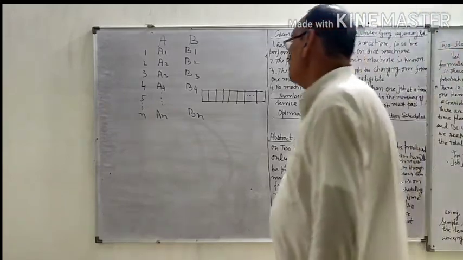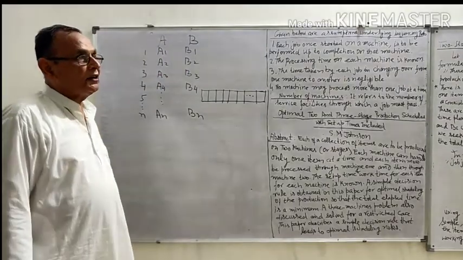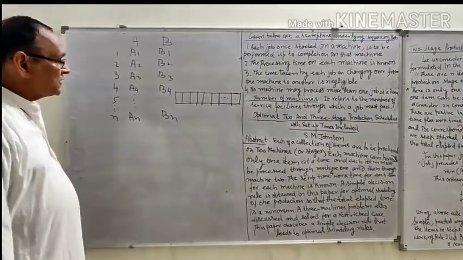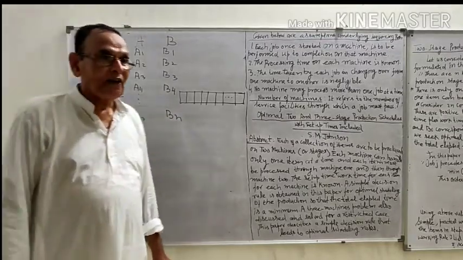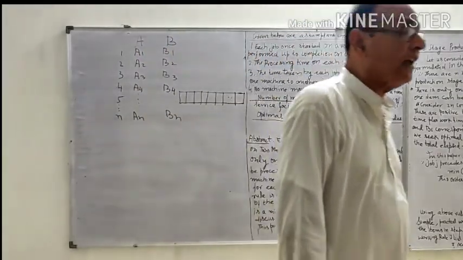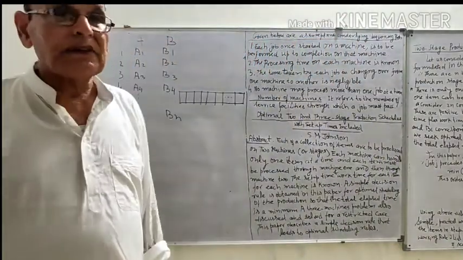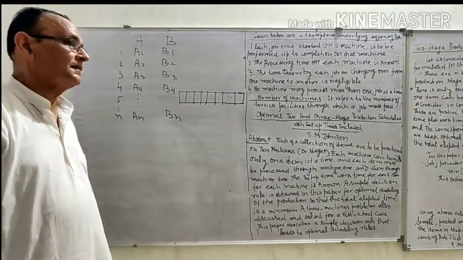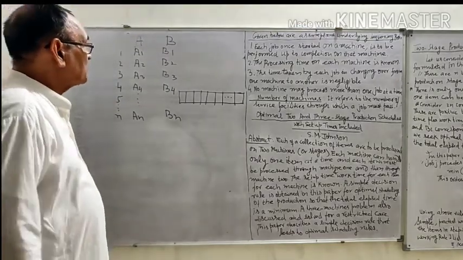So in step 2 you will find the minimum of all processing times on machine A and B, or the shortest processing time. Then in step 3, you have to check whether this minimum processing time is occurring for machine A or for machine B. If the minimum processing time is occurring for machine A, then place that job at the first place.